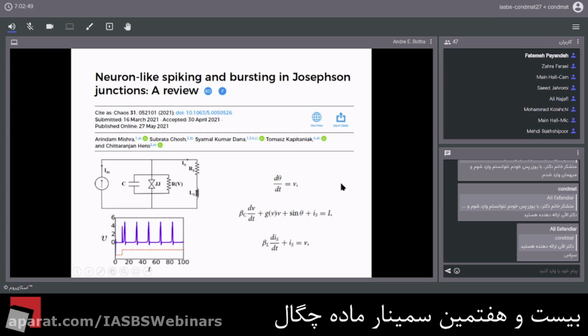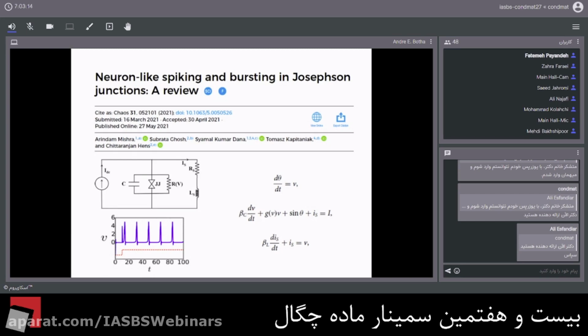The equations again are fairly recognizable. One again has the voltage phase relation of Josephson, and then the junction equation looks like this. This is the damping term, the capacitive term, and this is the damping term, but the damping now depends on the voltage.